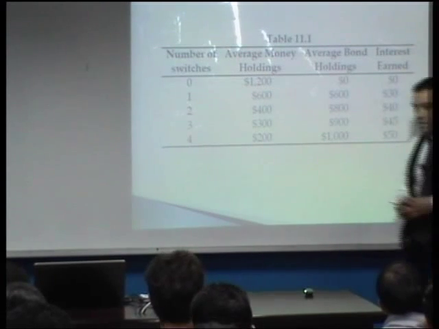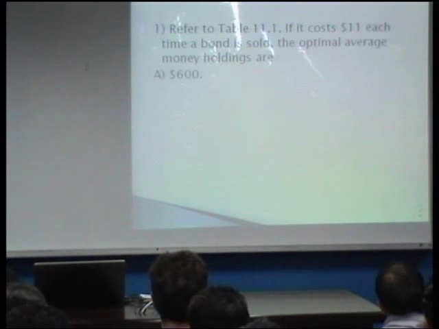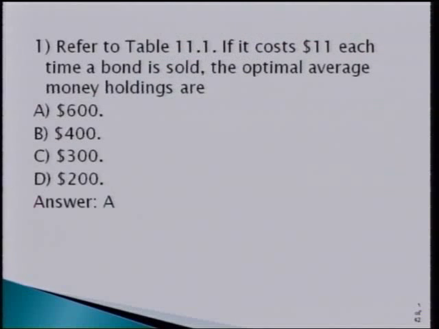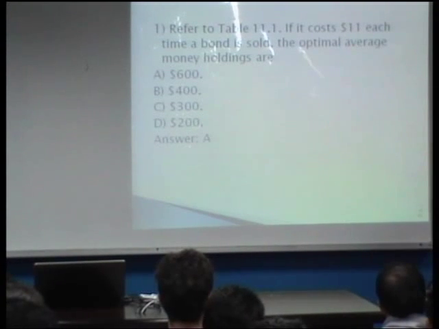Okay? Let's go to the questions. Refer to the table. If it costs $11 each time a bond is sold, meaning every time we sell the bond we pay $11 as fees, okay? The optimal average money holding equals how much?